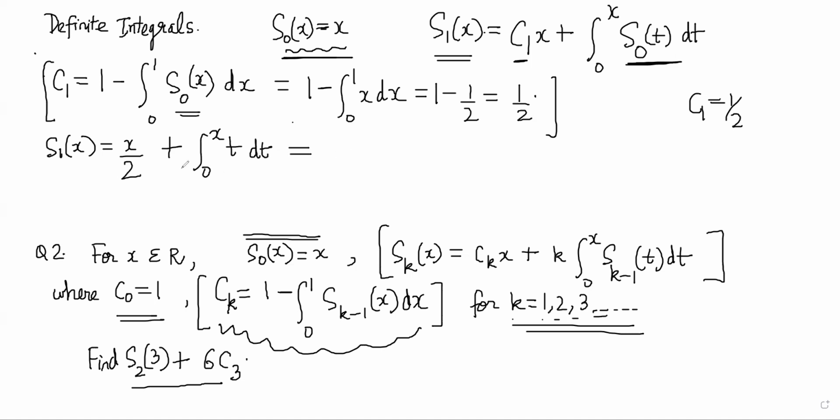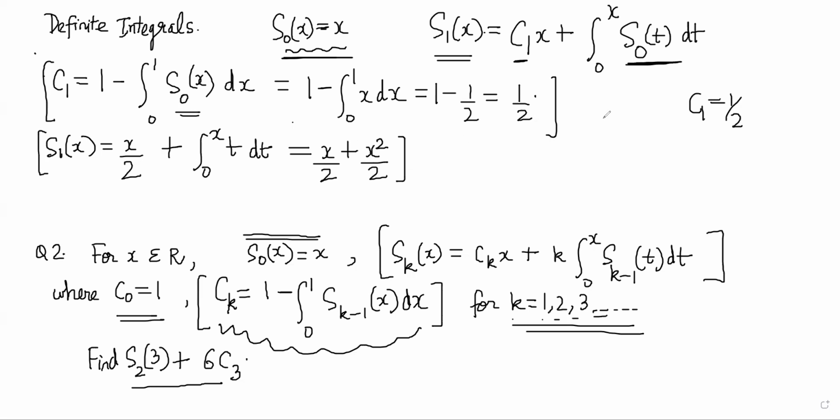Yes, sir. So this becomes x by 2 and this is t squared by 2 from 0 to x. So that will become x squared by 2, correct? Yes, sir. So you're getting S1 of x now.